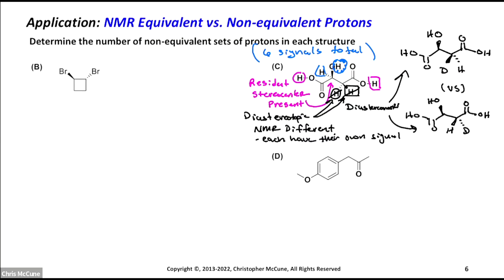What I'll do is I'll tell you what the other ones are in terms of how many signals you can see, and then I'll let you work them out on your own. So for D here, there are 5 unique NMR signals.